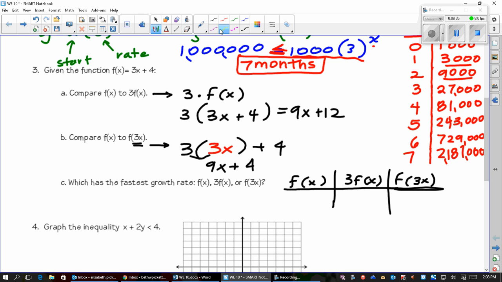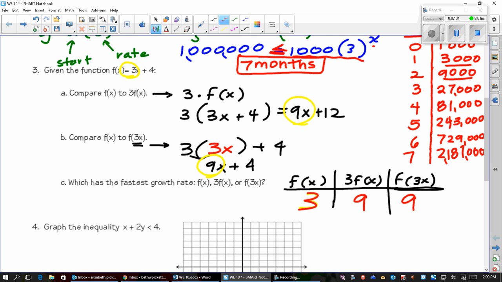Okay, well, for the original function, the slope was 3. Okay. For the 3f of x, the slope turned out to be 9. Okay, and then finally, for f of 3x, the slope turned out to be 9 again.